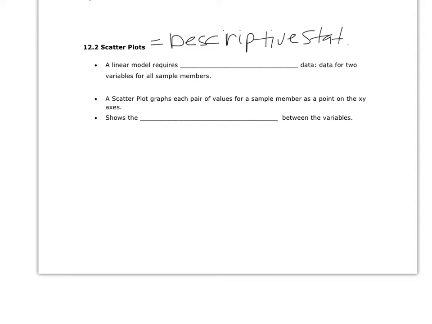So a linear model requires what we call bivariate data, which that word kind of describes what that means. The prefix bi means two. So we need data for two variables from all sample members in whatever sample we're taking from our population of interest.